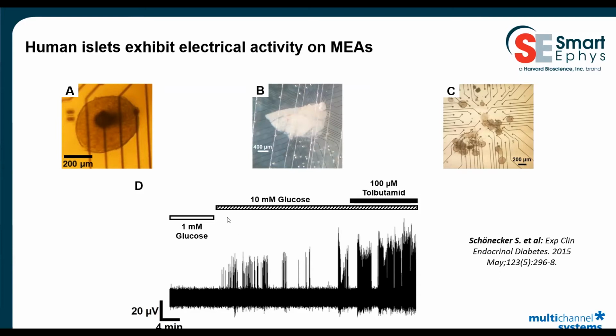And you see that we could see activity in 10 millimolar glucose, and then I realized, okay, I will probably lose the activity, so I added additionally a little bit of tolbutamide, and I could restore electrical activity. So to my knowledge, this was the first recording of a human islet on top of MEAs.